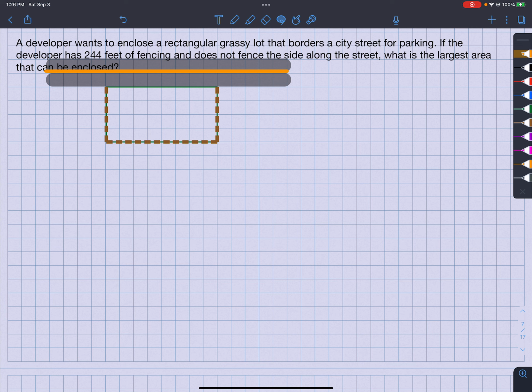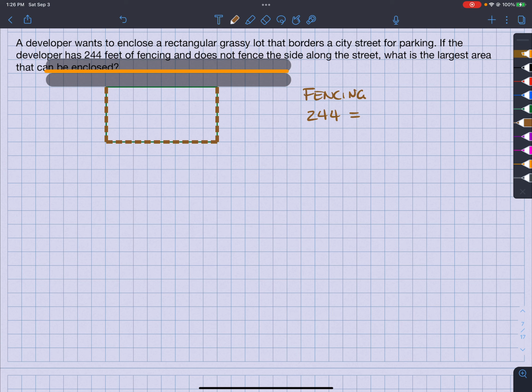So I have 244 feet of fencing. What's that going to cover? That's going to cover my three sides here.